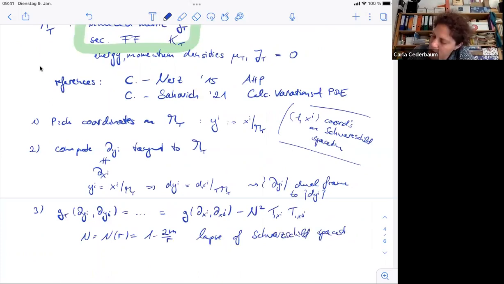And Harry, to your question, if this is any standard static spacetime, then this works with n being the lapse of that spacetime.